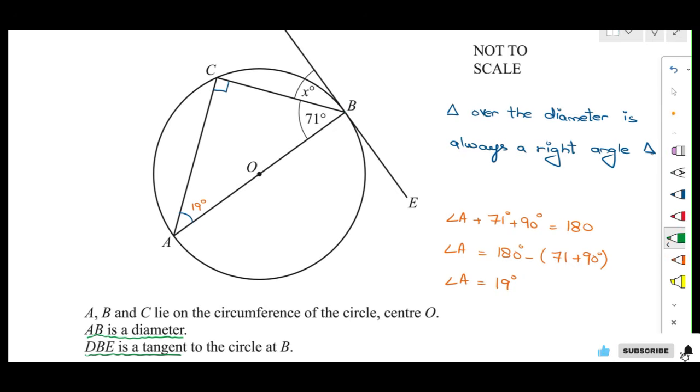Now we have to use another concept over here. The first concept is that a triangle over the diameter is a right angle triangle, and with the help of this you can easily figure out the three angles of the triangle, right?